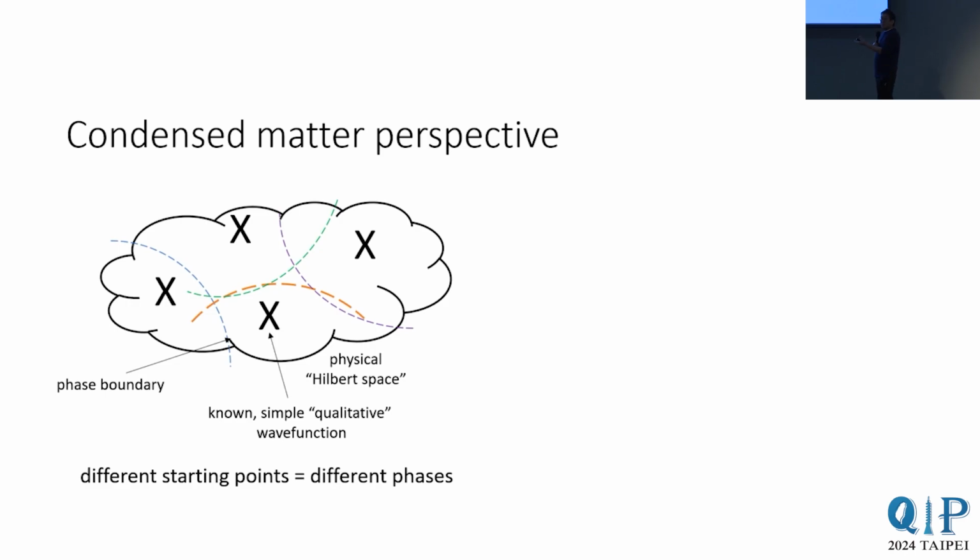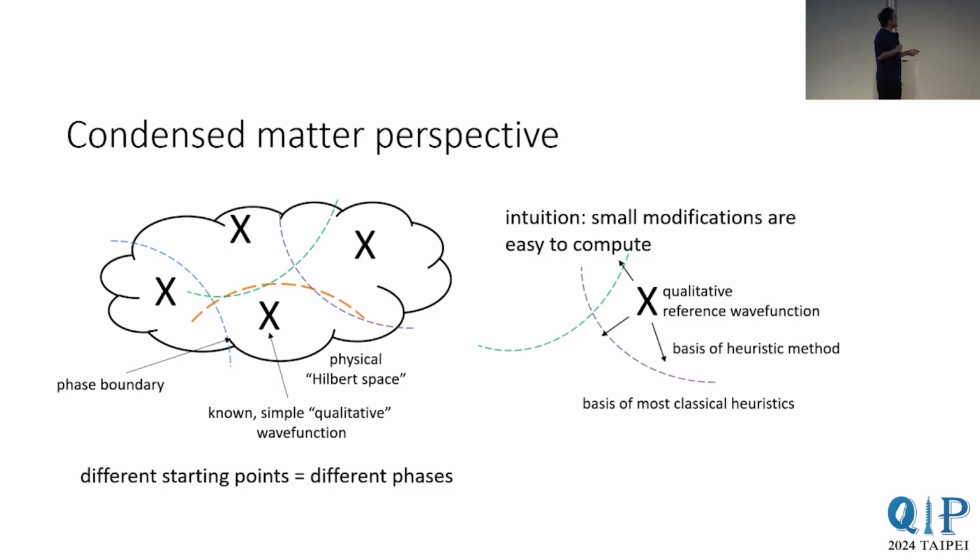And in each of these phases, there's typically some simple function that you can write down that describes a phase, right? So for example, these are the fixed points in the renormalization group theory of the phase. And the way in which heuristics work is that essentially you start with one of these fixed points that describes the phase. And the heuristic method allows you to explore nearby, right?